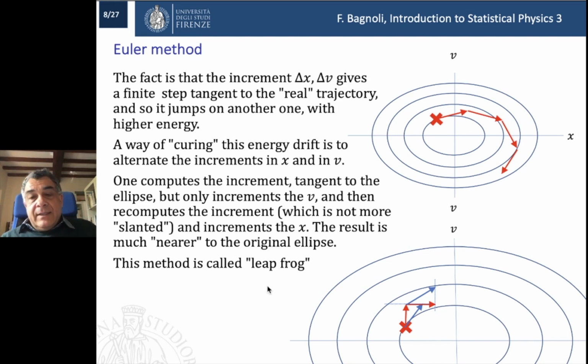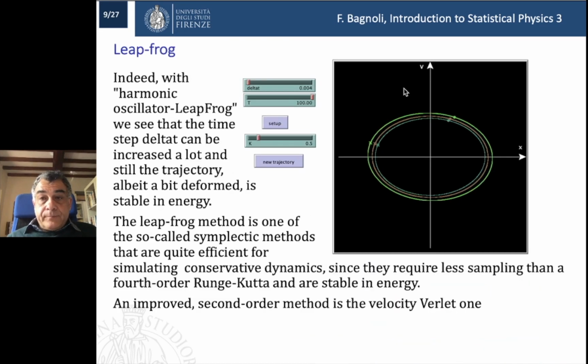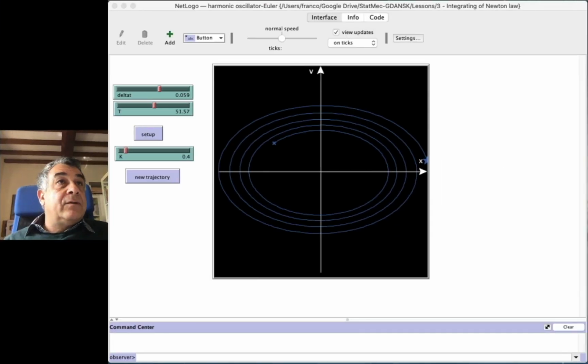And this scheme is called the leapfrog. Actually, it is a first order approximation that behaves much better than the Euler method, and we can check directly with NetLogo.